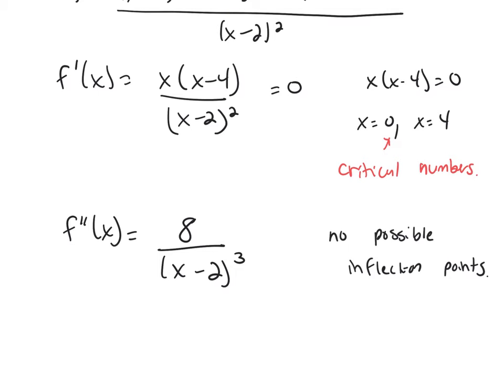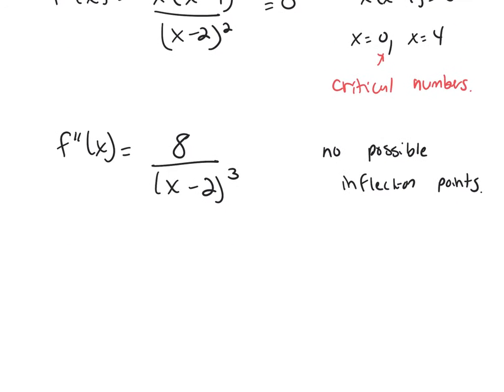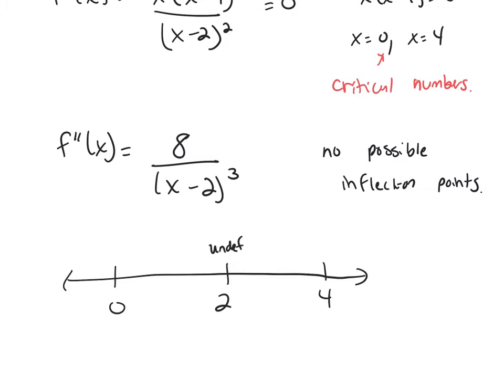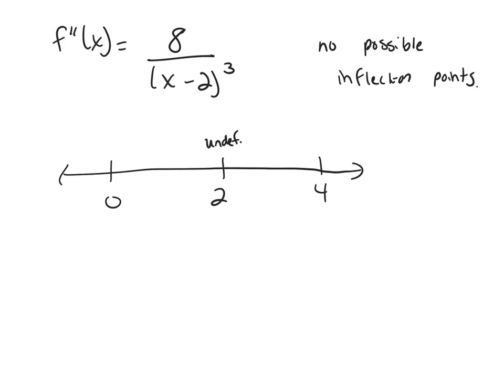So now I'm going to make my sign charts. I'm going to mark my critical numbers, which were 0 and 4. And I'm also going to mark 2 because my function was undefined there. And I just like to write undefined so I don't forget. My function is undefined at 2.